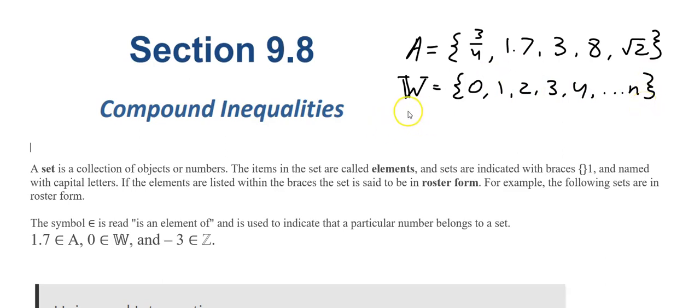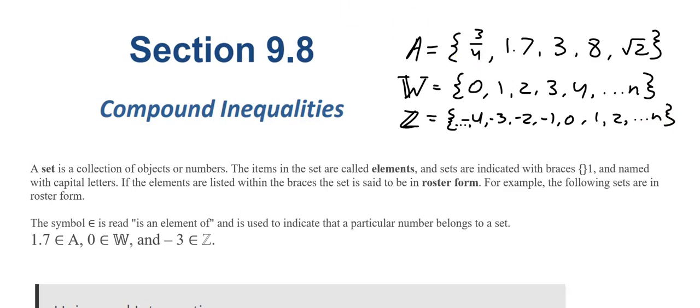I could also have a set that contains all the integers. Integers go to negative, so you could have -3, -2, -1, 0, 1, 2, ..., n, all the way up to infinity.